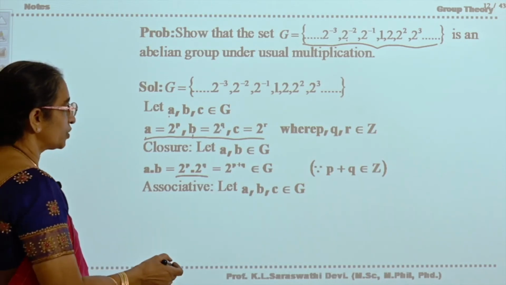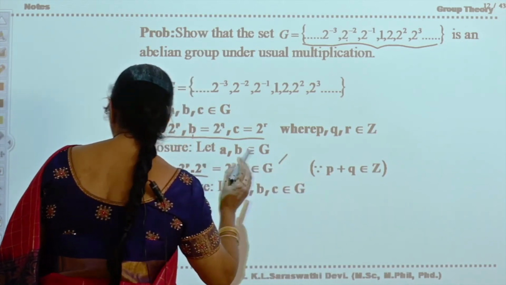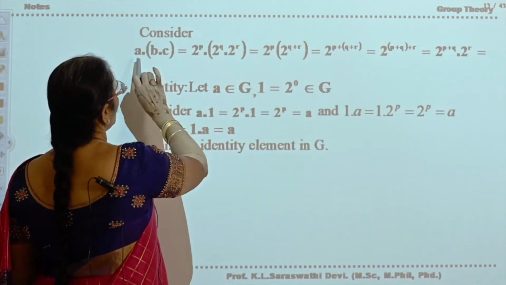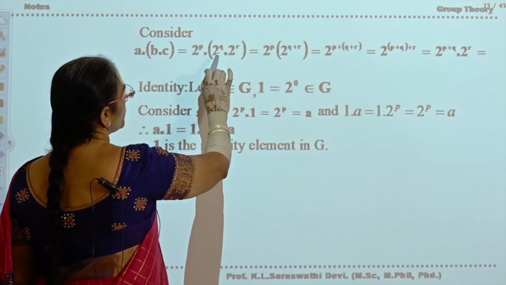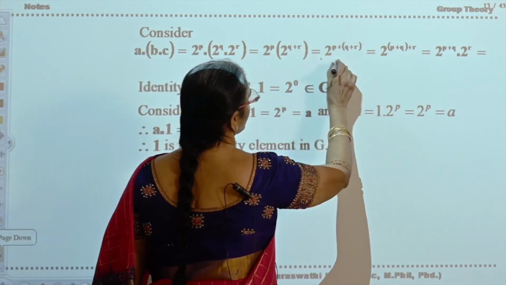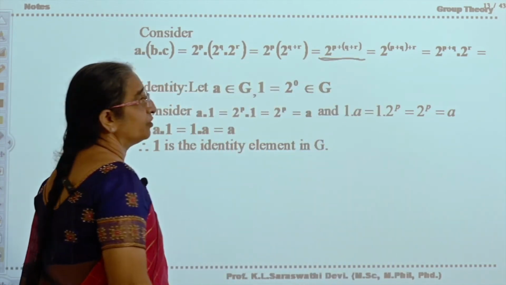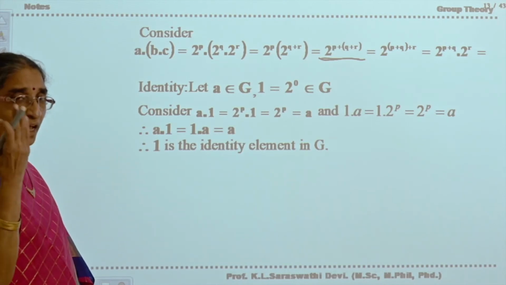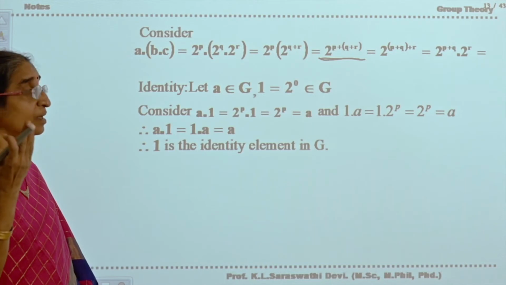Similarly, you can see associativity also. 2 power p into 2 power q, 2 power r: in general you will get 2 power p plus q plus r. Now you can arrange them because p, q, r belong to Z, and Z plus is abelian.